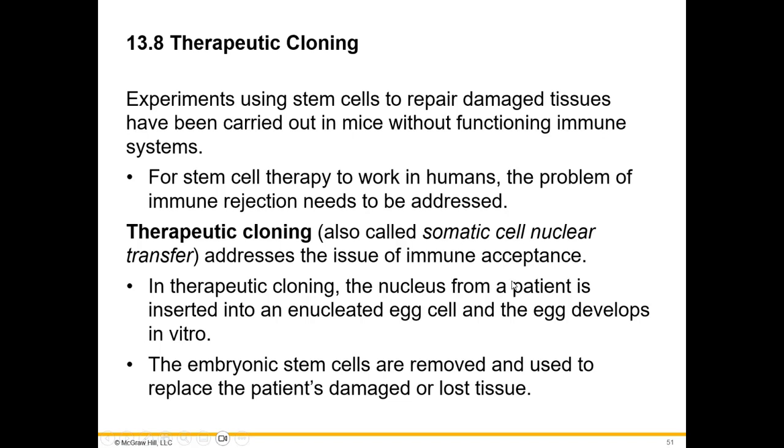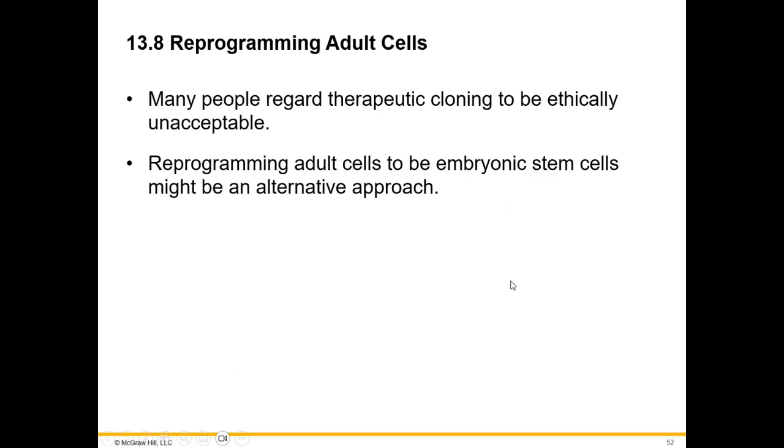Once we have a blastocyst, the embryonic stem cells can be removed and then used to replace the patient's damaged or lost tissue. Because we took the nucleus from the patient, now when we insert the embryonic stem cells, they're recognized as their own cells. They have the same genetic information. So now the immune system is not triggered to immediately kill those embryonic stem cells. And then they could actually differentiate into the cells we need and help the person.